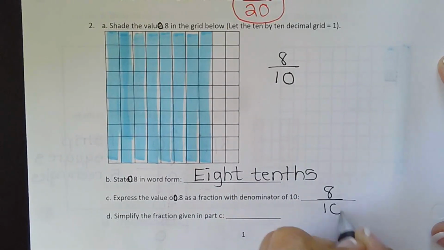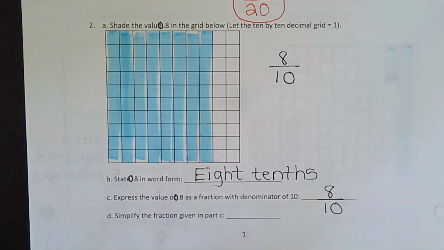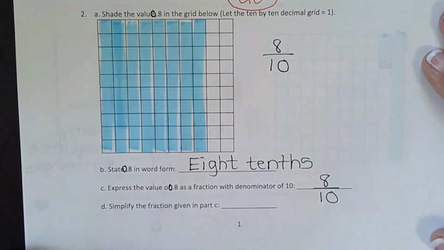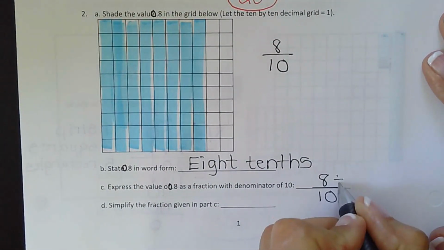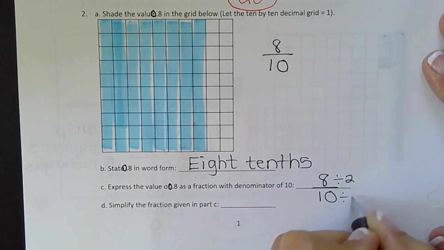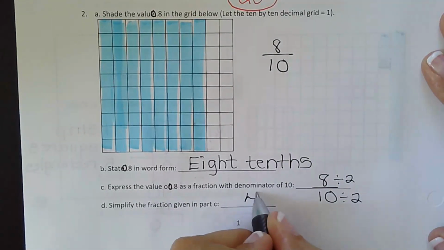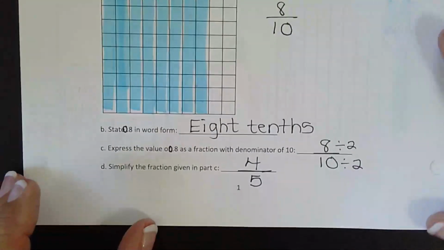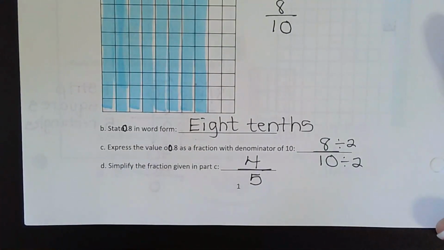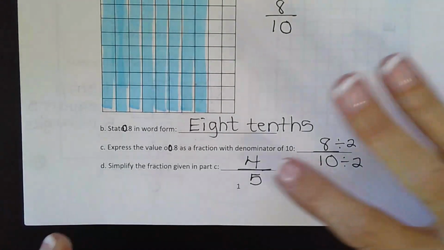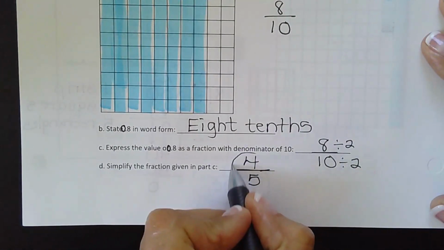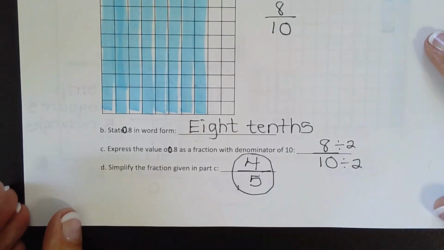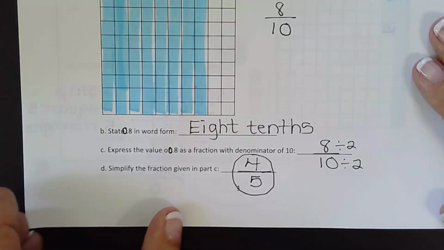Denominator of 10, we already did, 8 tenths. Those are both even. We learned in our last video, whenever they're both even, you start by dividing by 2. So 8 divided by 2 is 4, 10 divided by 2 is 5. 4 and 5 have no factors in common except 1. Nothing goes into both of them. Therefore, 4/5 is simplified. Okay, so that's my mistake there.